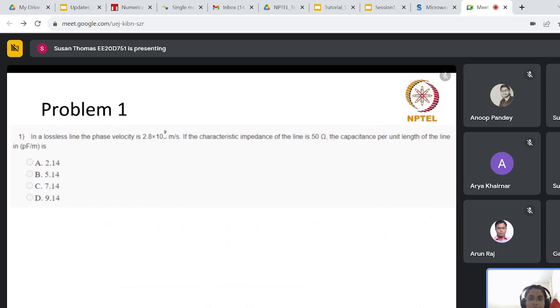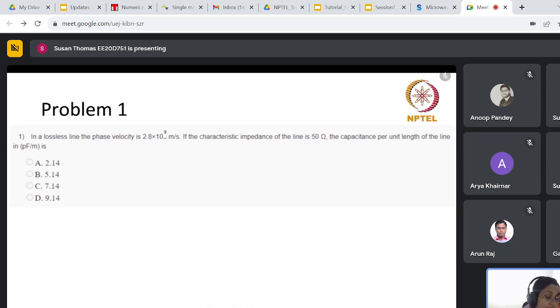So these are some sample numericals. Let us try to solve them, and I suggest you try to solve them with me so that you can give the answers. I'll try to explain the question and you can try solving the numerical, and then we will discuss the final answer.